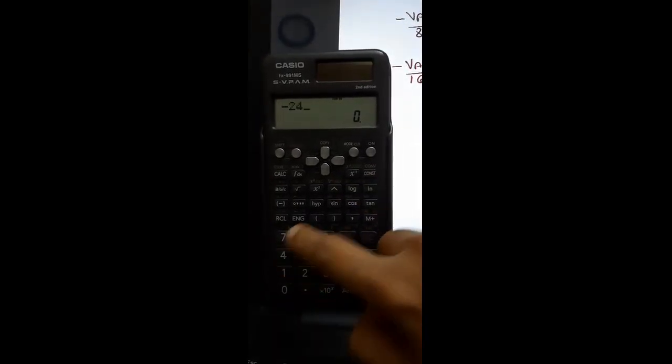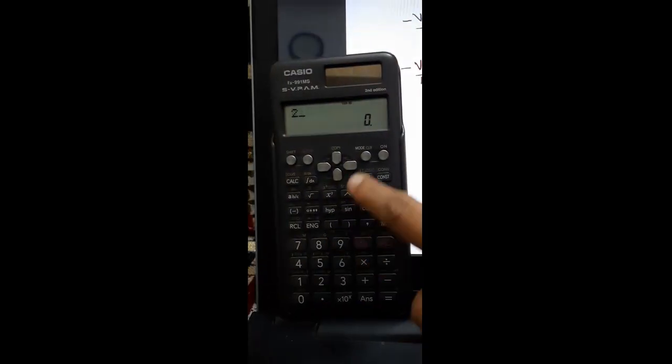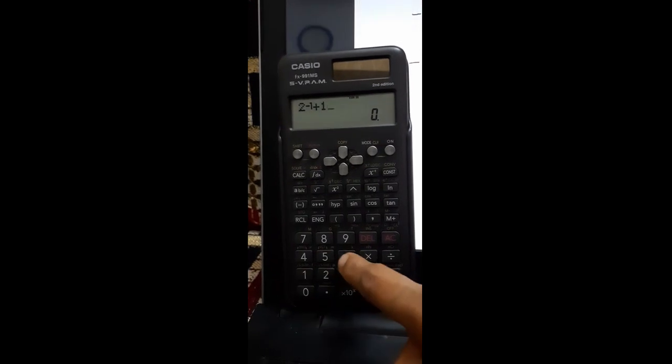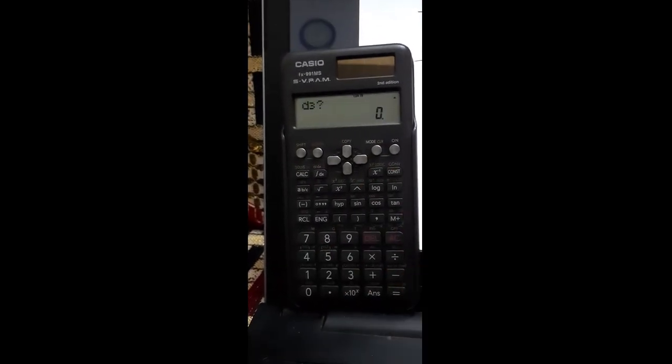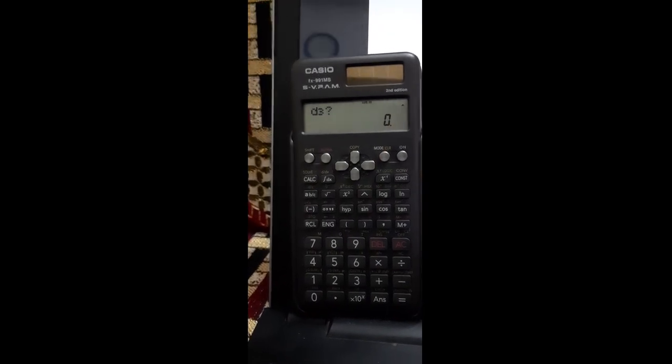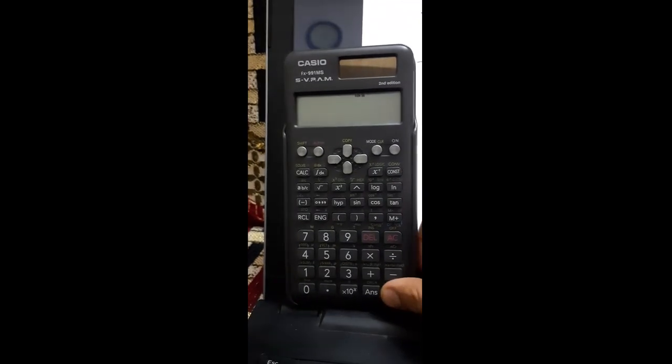B3 is minus 24 inverse. And C3 is 2 inverse plus 16 inverse plus 24 inverse. And on the RHS we have minus 110 divided by 2.